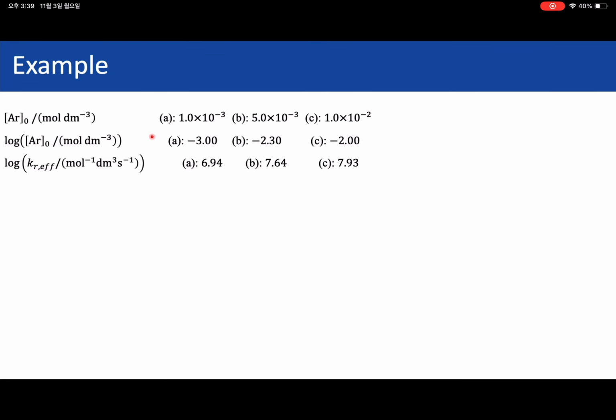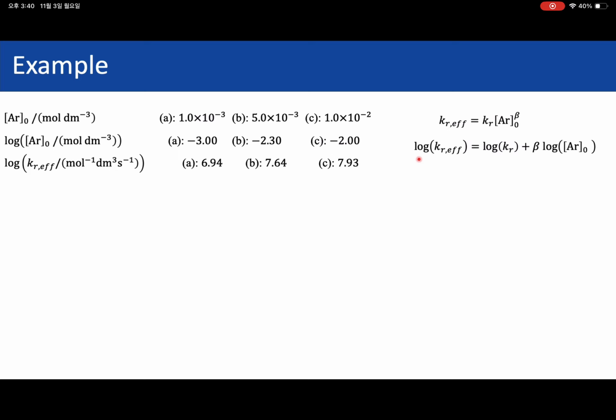So now we have three different effective rate constants for three different argon concentrations. Actually, the effective rate constant is a multiplication of the actual rate constant and the initial concentration of argon to the power of beta. So if you take the log here as well, then we get the equation like this.